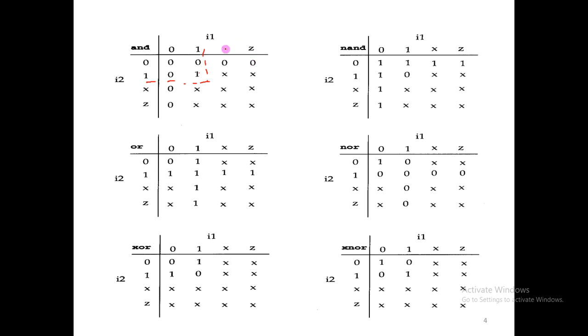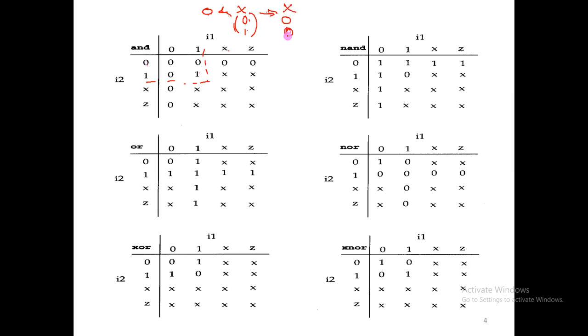Once again, I'll tell you, 0 ANDed with unknown. You should analyze it in this manner: 0 ampersand unknown. Unknown means you consider 0 one time, 1 one time. So 0 ANDed with 0 will give you 0. 0 ANDed with 1 will give you 0 as well.